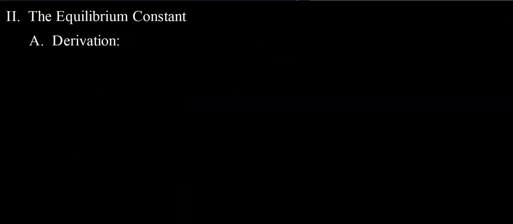All right, next up, let's take a look at what is called the equilibrium constant. Let's start off with the generic equation, something simple. Let's write the rate laws for the forward reaction and for the reverse reaction.